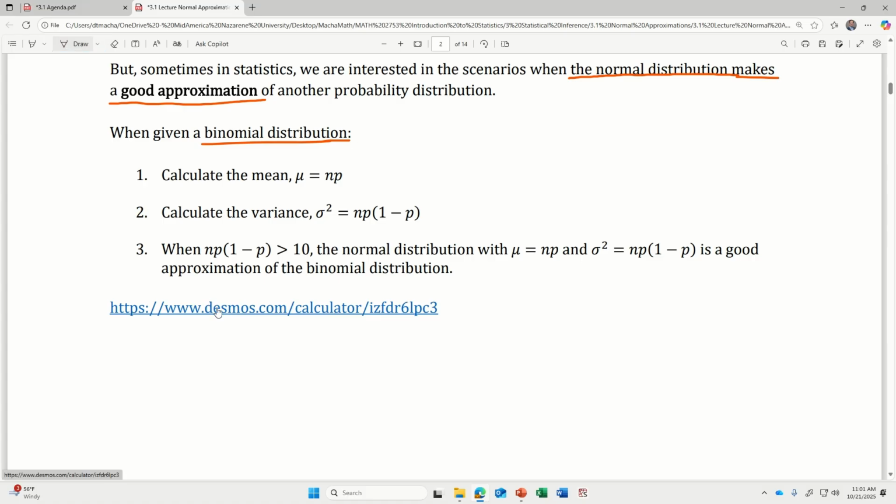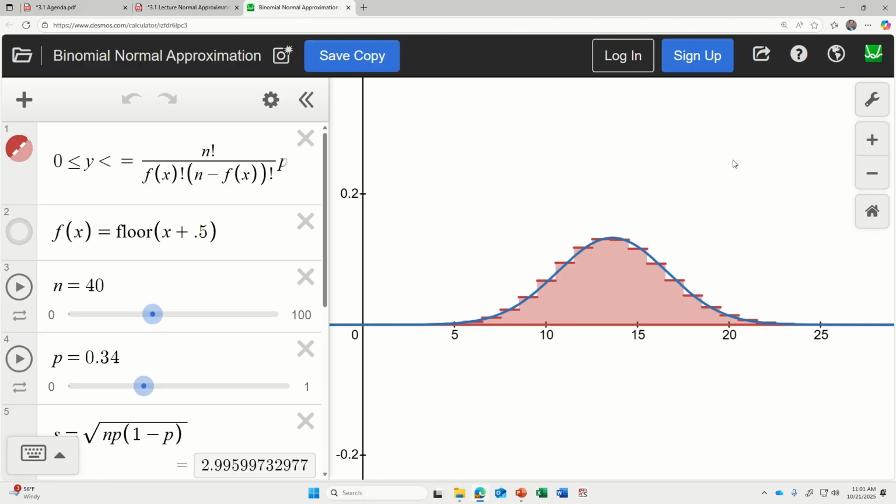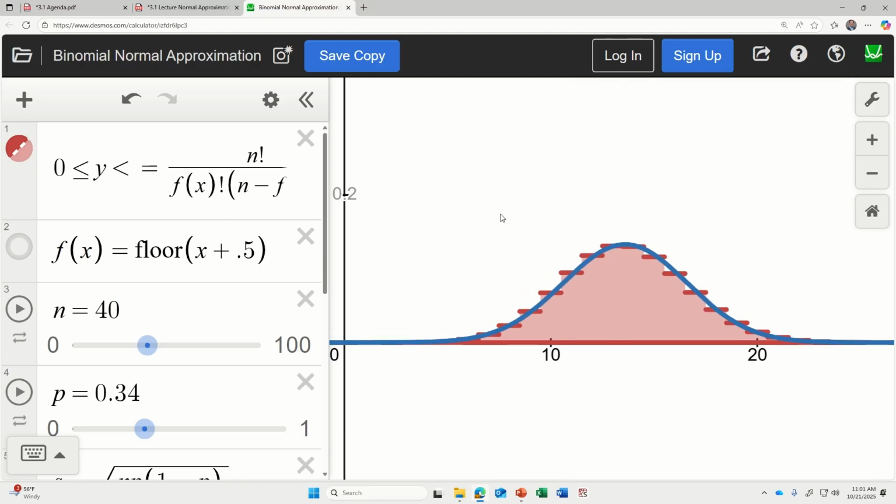Again, if this was mathematical statistics, we would actually prove that this is true in the limit. But since this is not a mathematical statistics class, I'm just going to show you a picture.